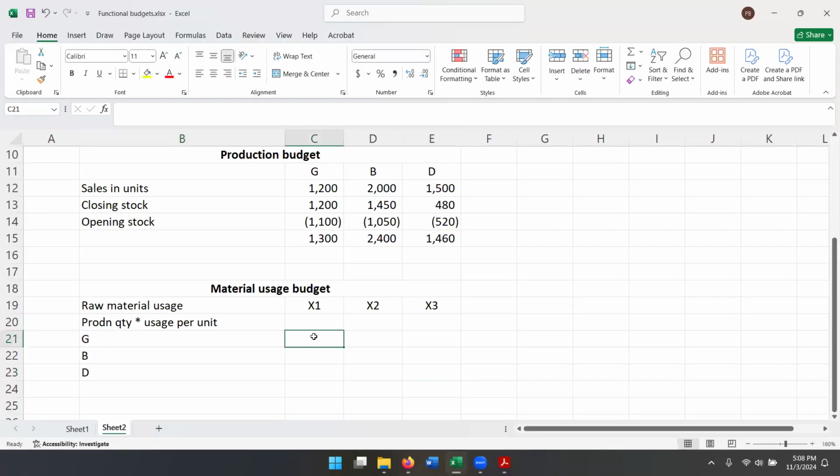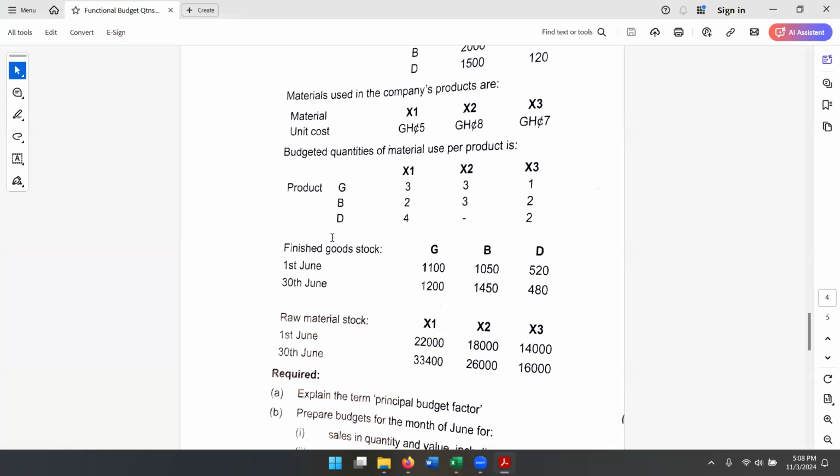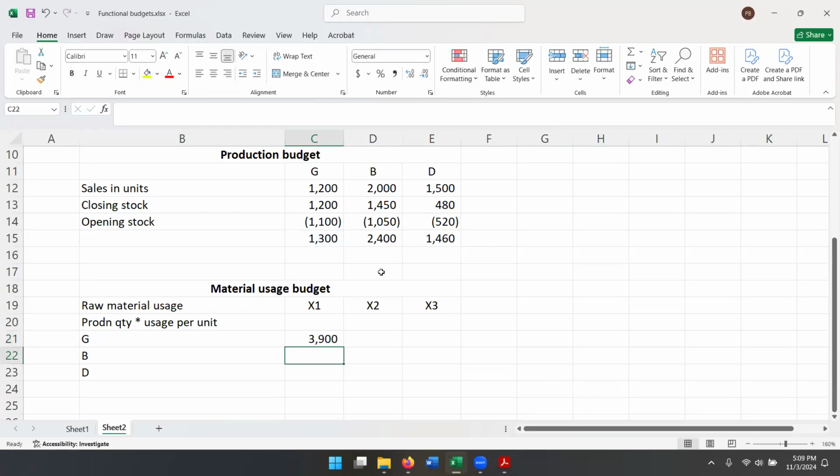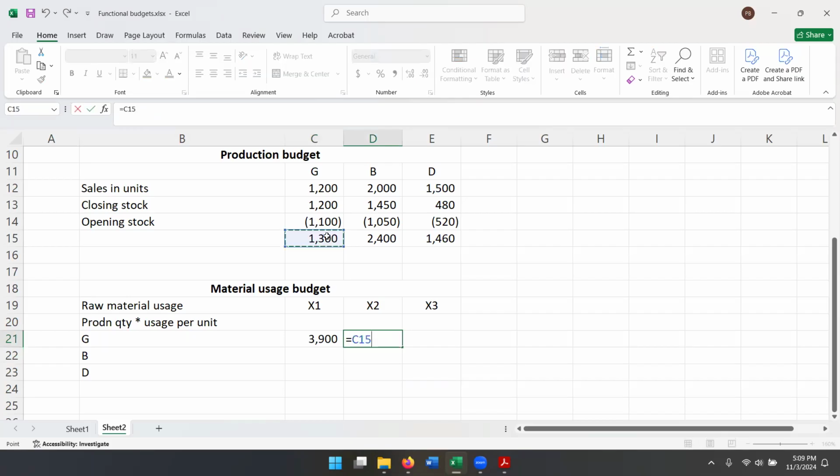So for J, that is 1,300. For X1, we are going to use 3. Then the same thing for X2, 1,300.